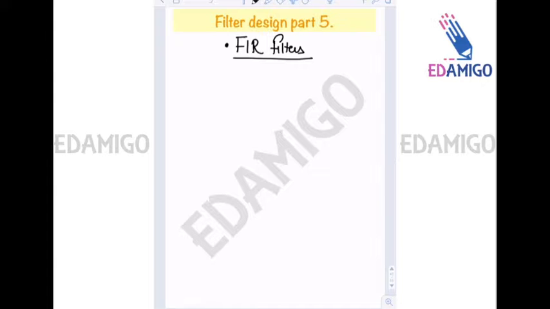So what is the meaning of FIR? The meaning is finite impulse response.